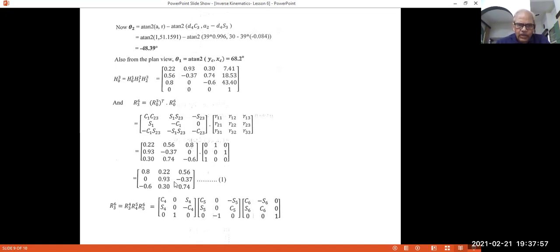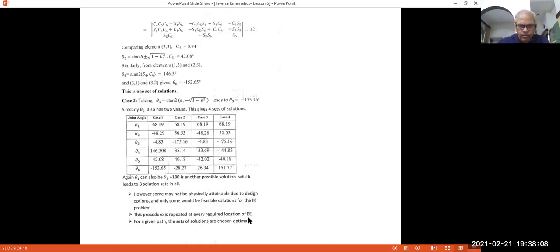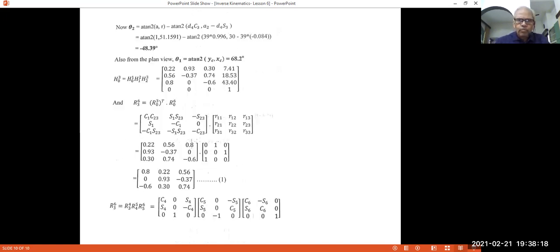This needs to be compared to the parametric form, which is this. In this parametric form, we need to now compare this with the multiplied form. After multiplication, these are the various terms that you get. For example, you can straight away see C5 is in the other one. The value to be compared is 0.74.